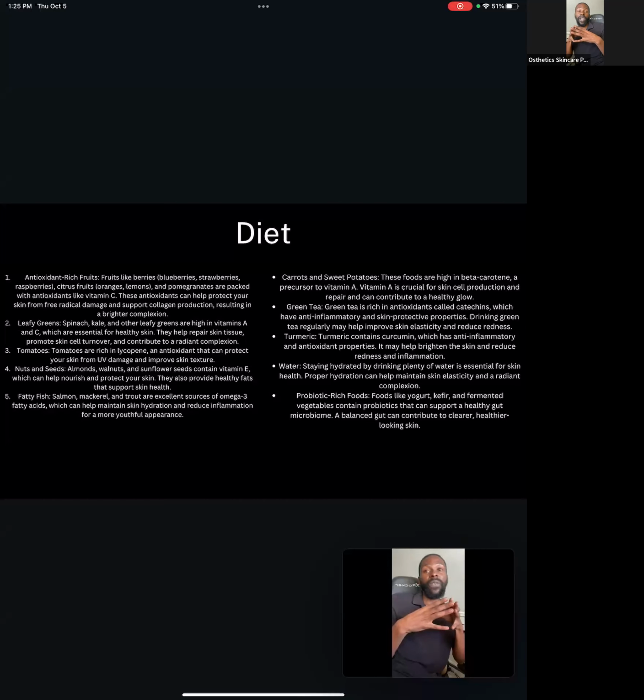It gives you a lot of vitamins and minerals, but it also increases your hydration levels beyond what you could ever imagine. Now, where can you find this type of water? This type of water can only be found in fruits and vegetables that are high in water content. Can anybody name some fruits and vegetables that are high in water content? Watermelon. Watermelon, strawberries.